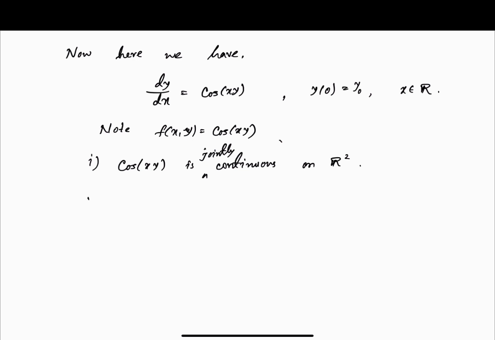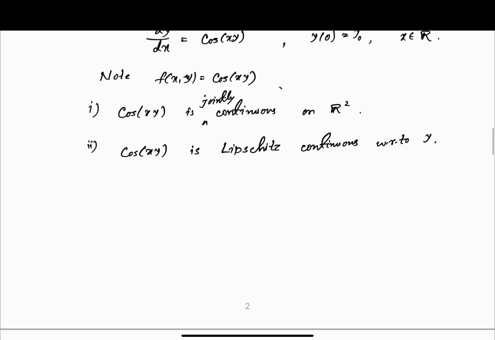And for the second condition, we have to check that this is Lipschitz, that is, we have to prove that cos(xy) is Lipschitz continuous with respect to the second variable.